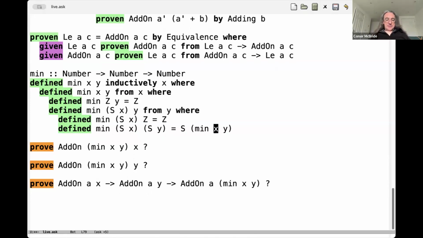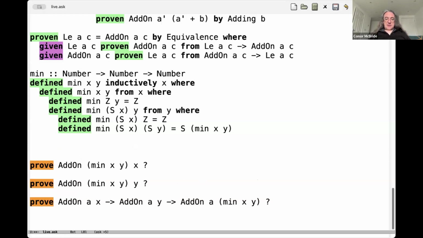And we have a choice of ways to prove these things. I'm trying to decide on the face of it what's the nice way of doing it. And maybe it's to just go via less than. So let's do that.